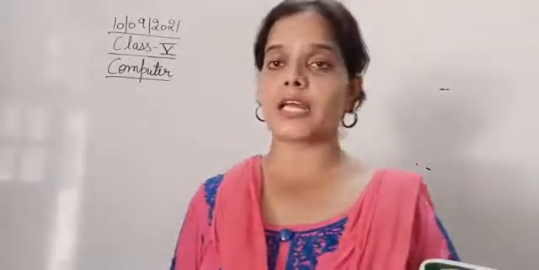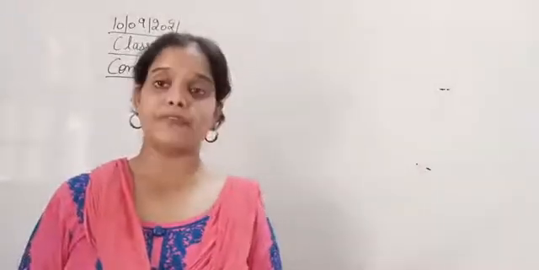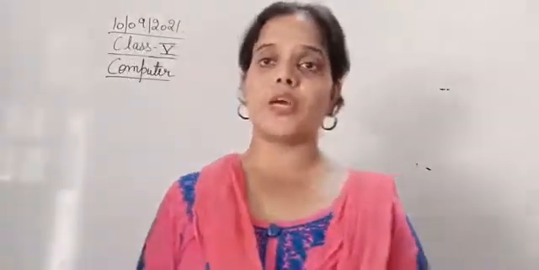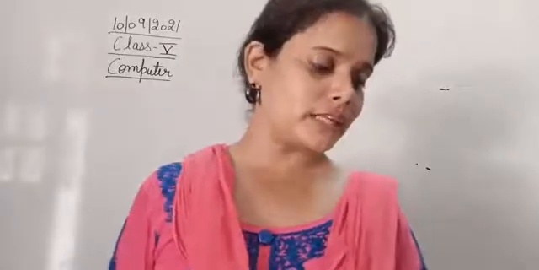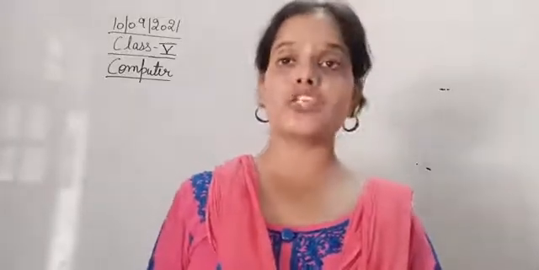So class, in our previous session, as you all know, we have completed chapter number 4, okay, and today we will start with the next topic, that is chapter number 5, learning to type.